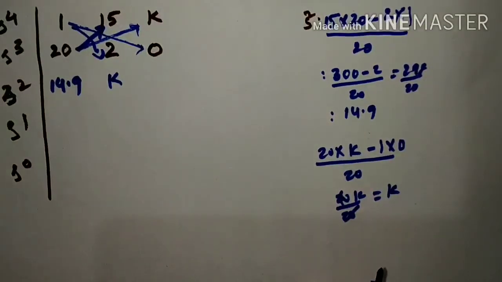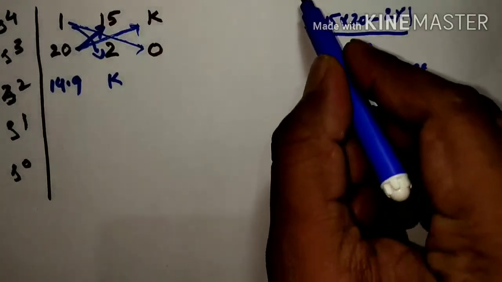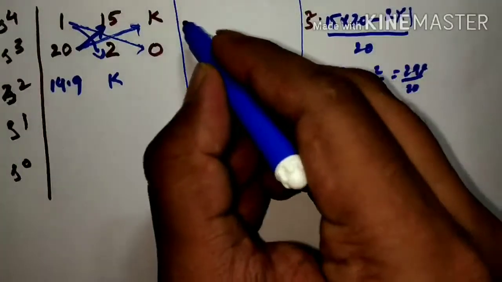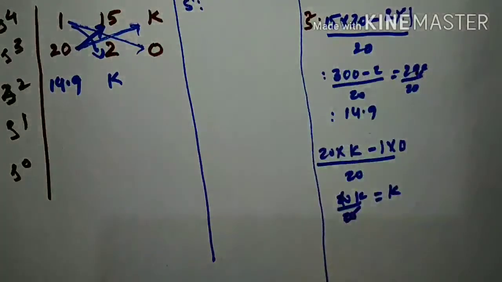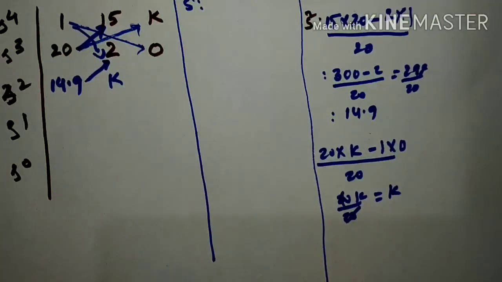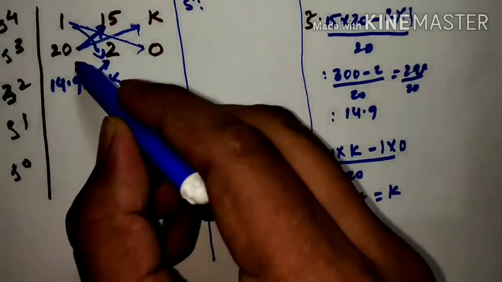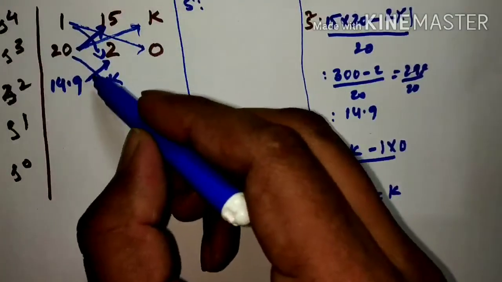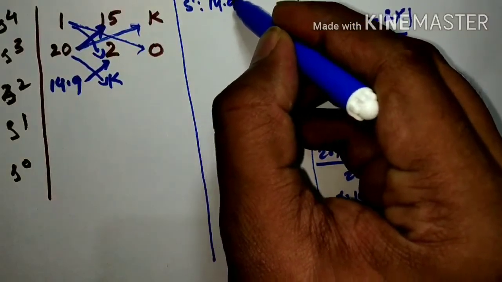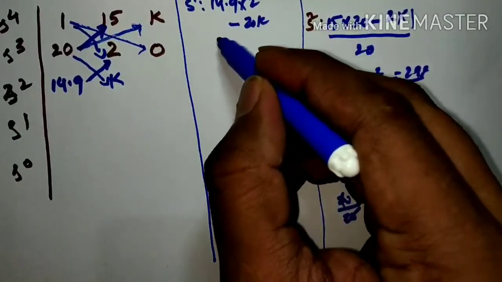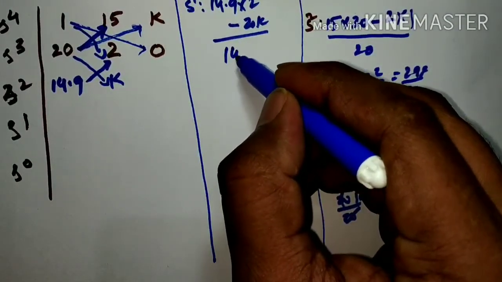Now we have to find the s^1 coefficients. The s^1 coefficient is (14.9 into 2 minus 20k) by 14.9.